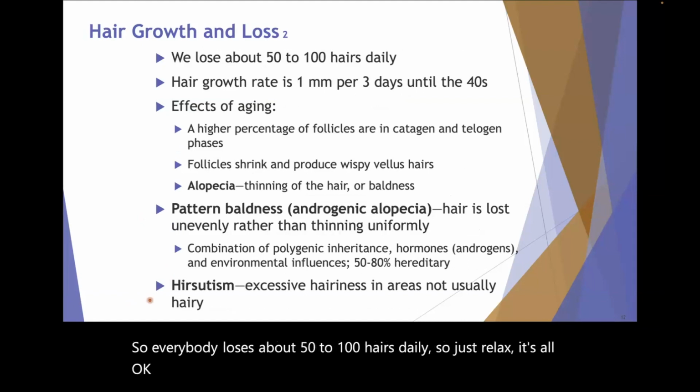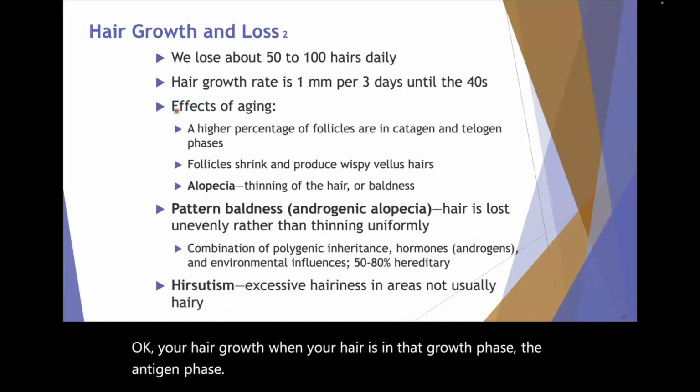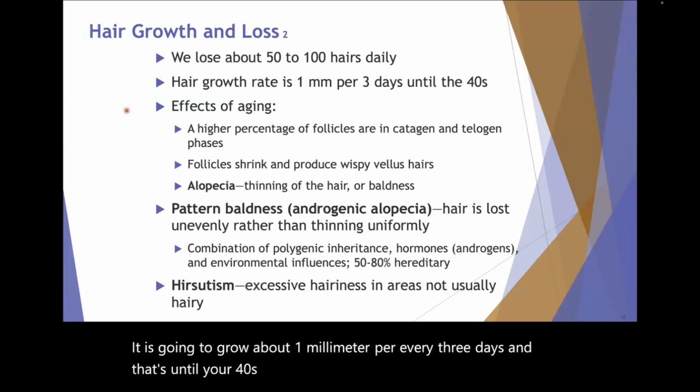When your hair is in that growth phase, the anagen phase, it is going to grow about 1 millimeter every 3 days. And that's until your 40s. After that, things don't go as well as you would like.